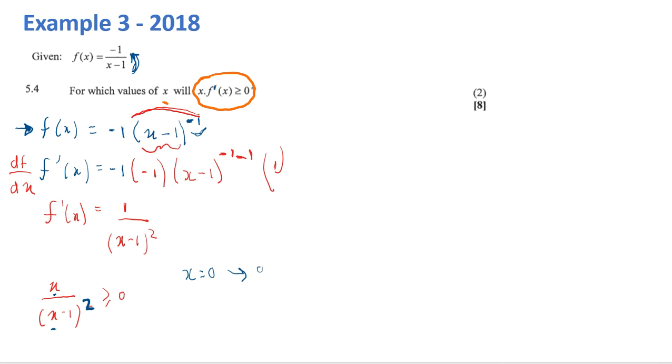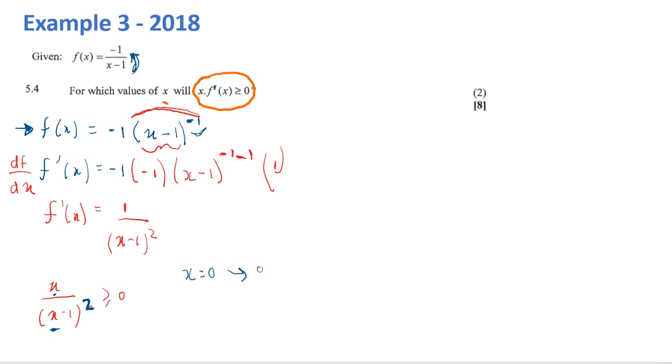Okay, not second derivative, second power. So whatever the value of x is going to be here, even if it's minus, the square is going to make it positive, right? So if we have minus 1, this is going to be minus 2 to the square. That's going to be 4.